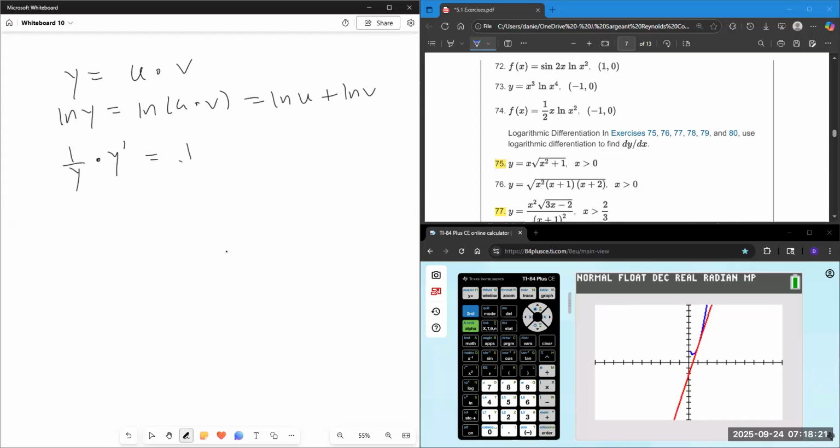Is equal to 1 over u times u prime plus 1 over v times v prime. And then I have y prime is equal to y times 1 over u times u prime plus 1 over v times v prime, and that y is the same thing as u times v.